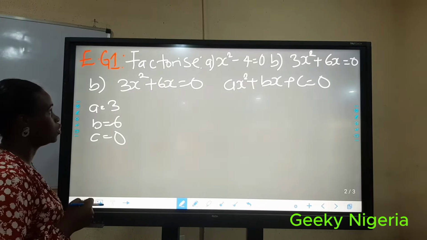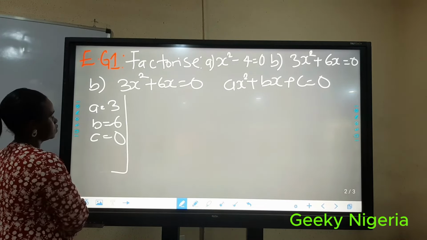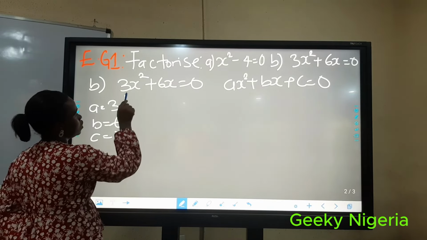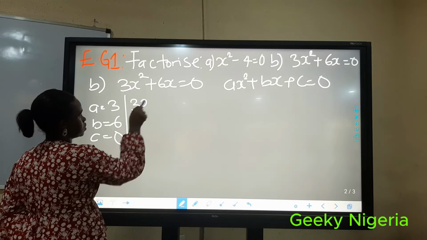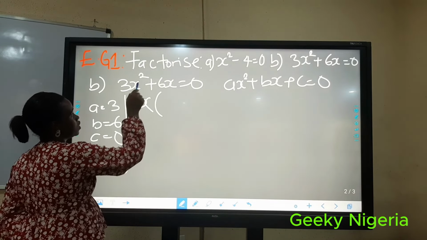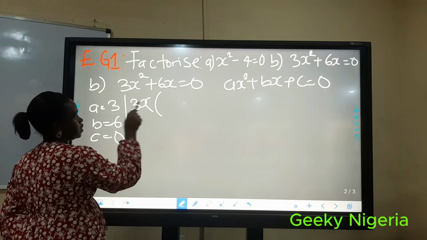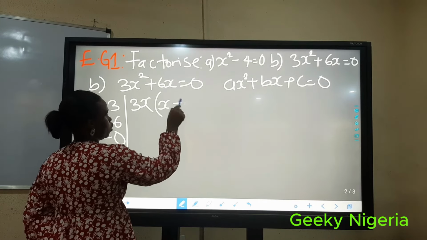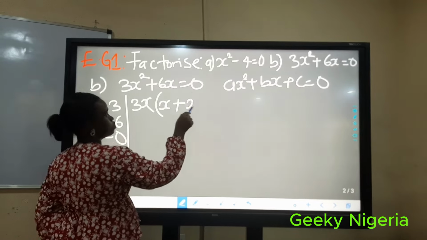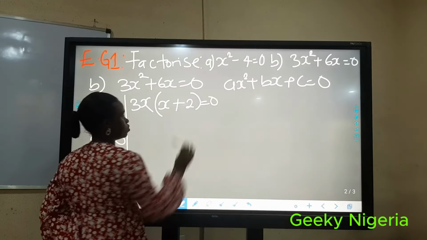So for this one, c is already equal to 0. What are the like terms that are here? We have 3x, that's what factorizes. Dividing 3x squared by 3x gives us x, plus 6x divided by 3x gives us 2, equal to 0.